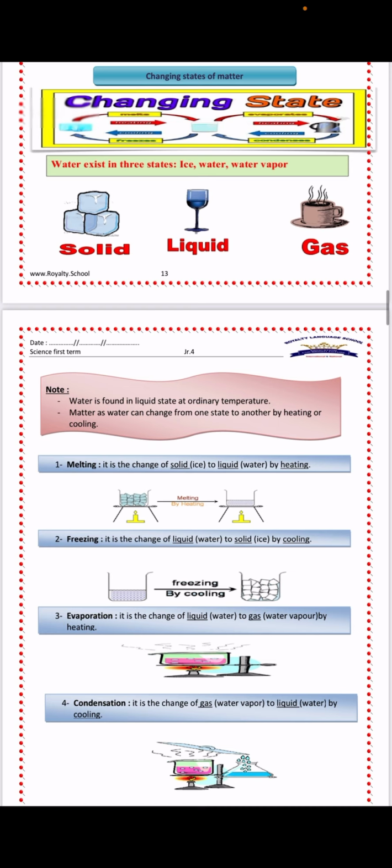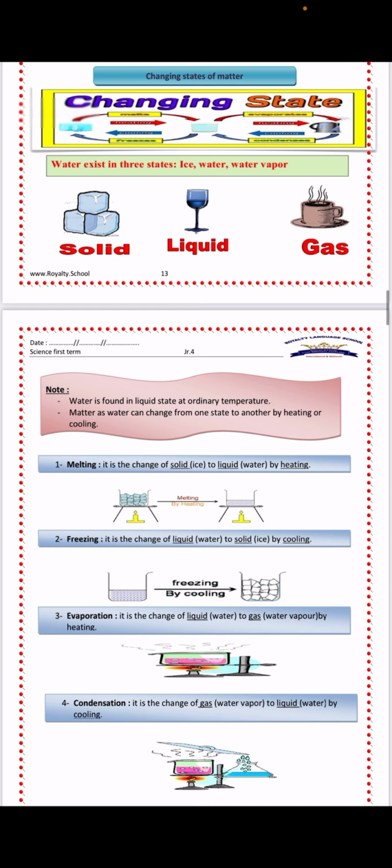Then the liquid substance like water can be changed into gas like water vapor. When I put it on the flame and start to heat it, the water will be changed into water vapor. So the liquid changes into gas by what? By heating.